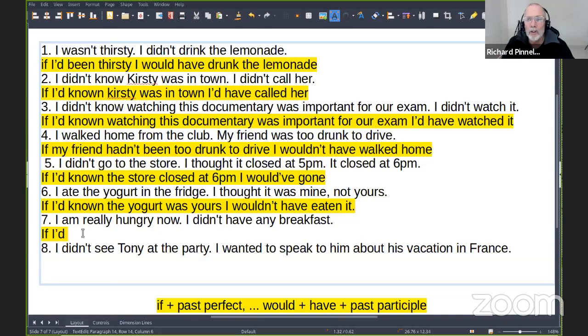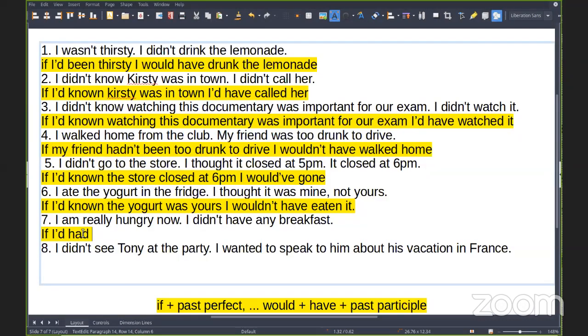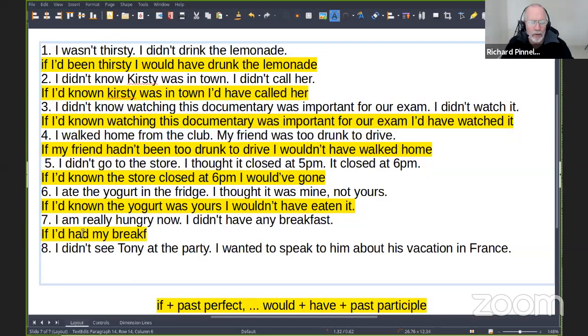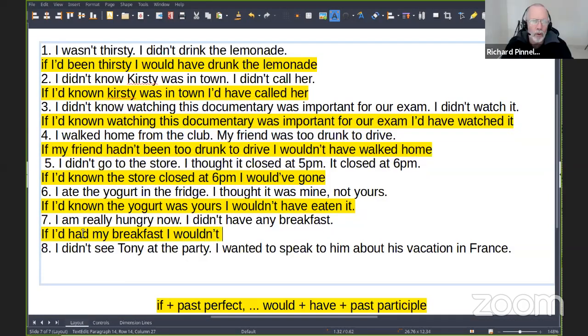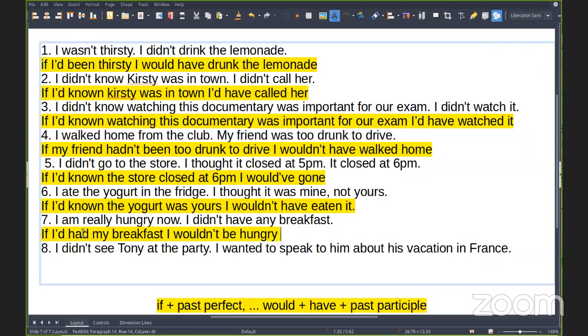We're never going to use would in the if part. If I'd had my breakfast, I wouldn't be hungry. Very good. It's not really necessary to say the now, you wouldn't be hungry. We can say it if you want.